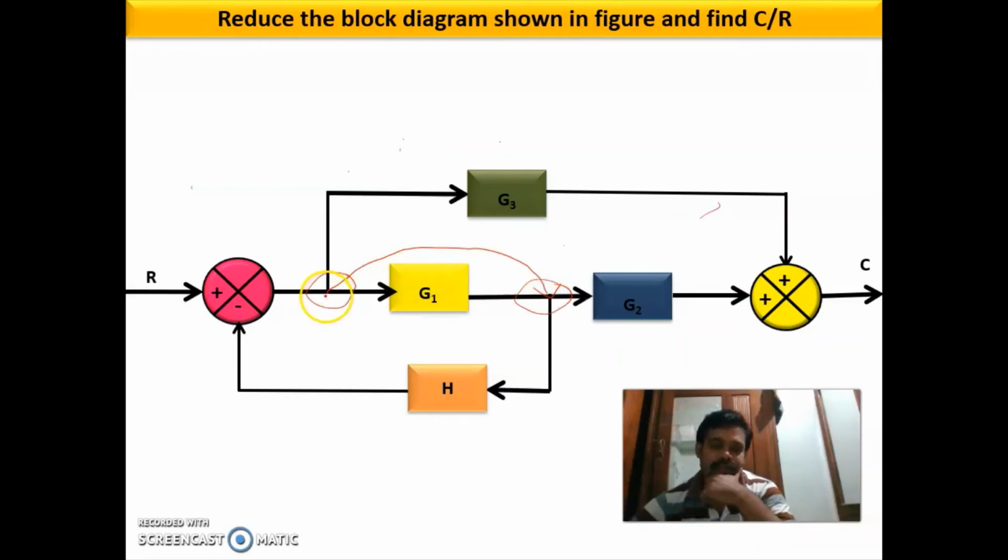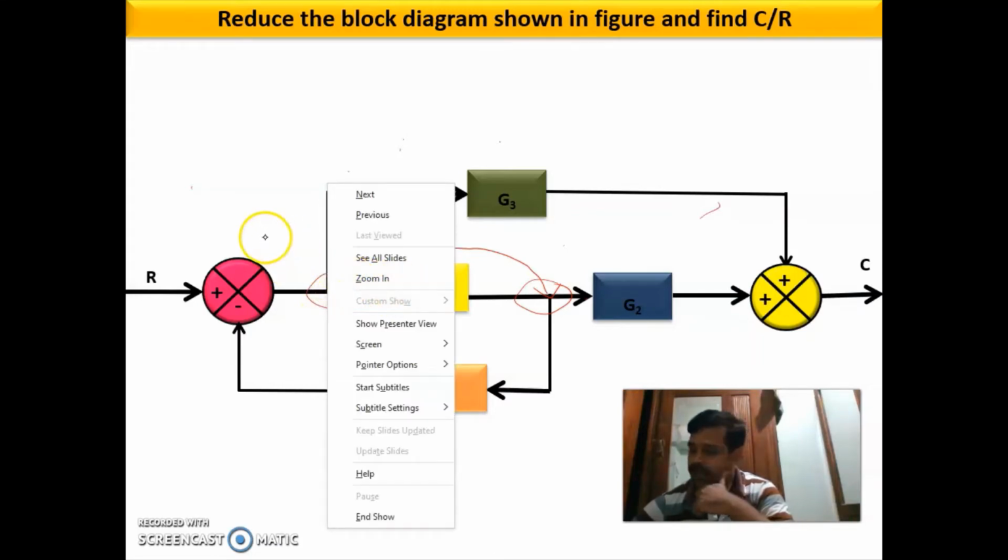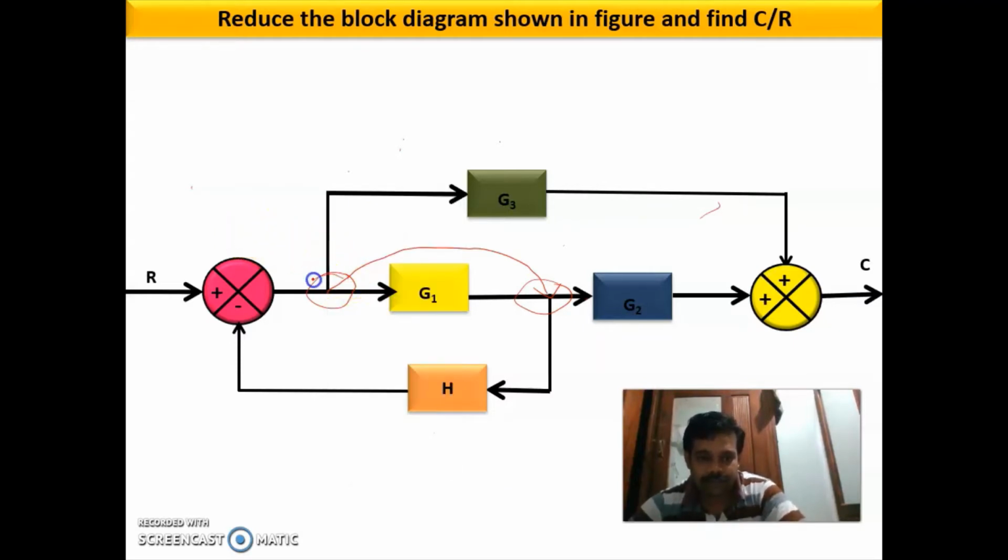Please listen. When this branch point is here, the signal G1 is not going with G3, but when you are moving it to this point, the signal G1 will also go with G3.